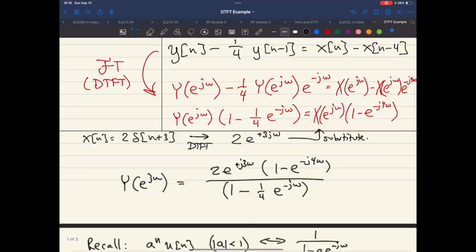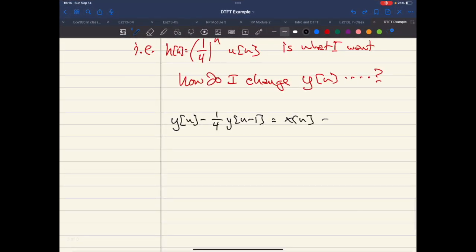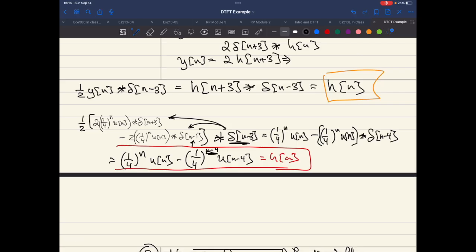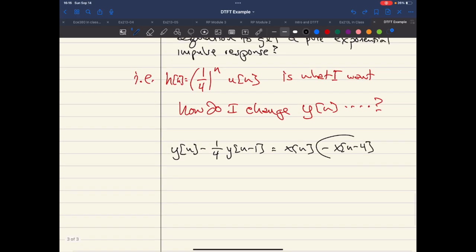Minus x[n-4]. And you can almost bet, because of the delay that we see here and here, that this is the portion that's causing us a problem, that's causing this discontinuity in our decay.